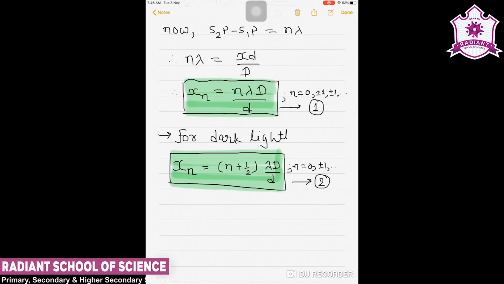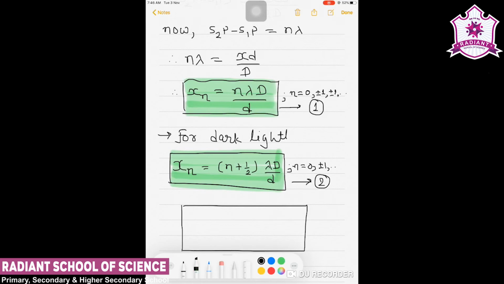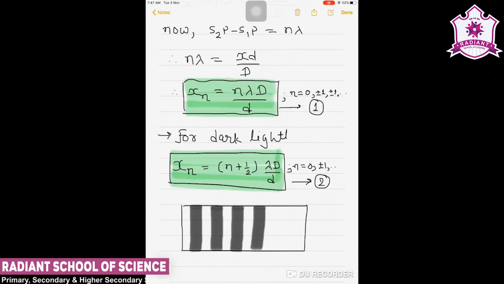The dark and bright bands appear on the screen as shown in a previous figure, and now we will show you how they look. Suppose this is the screen, then on this screen we can have some dark and bright fringes, obtained like bands. Here the black part is the dark fringes, and the white part is the bright fringes.